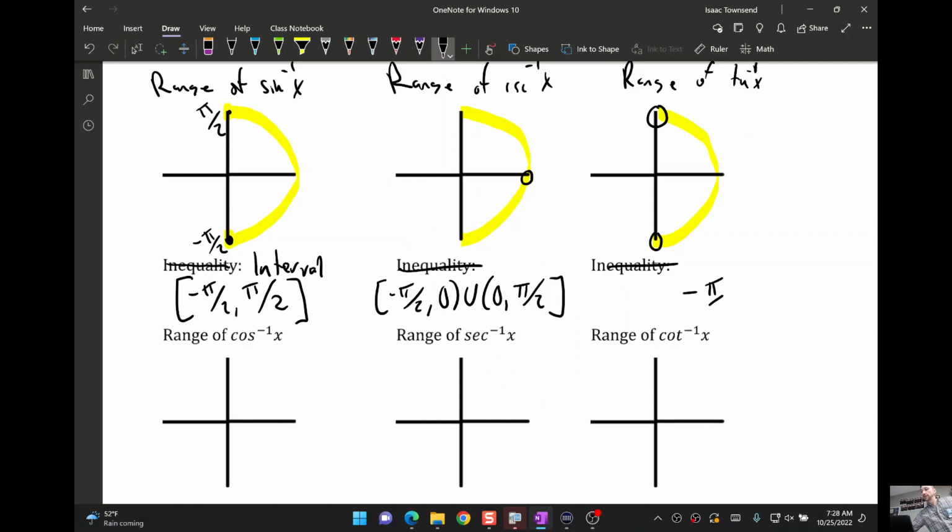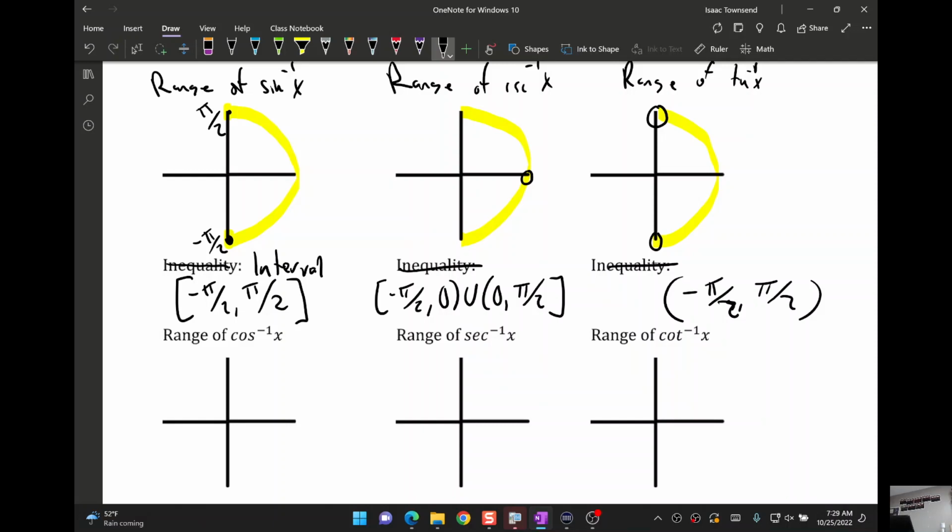This one's negative pi over 2 to pi over 2, but it needs parentheses instead of brackets, because it can't include those ones.